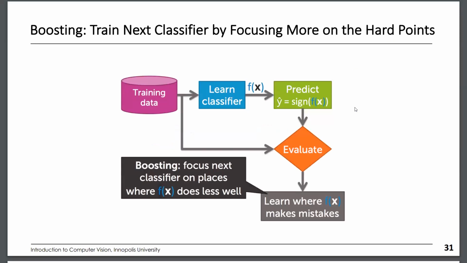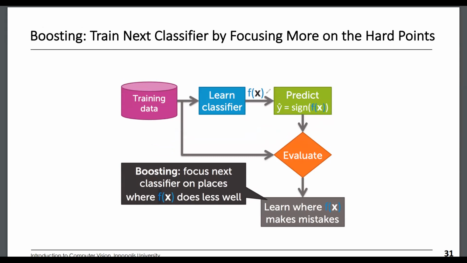In boosting, we train the next classifier by focusing more on the harder points. So what we simply do, we have our beautiful classifier. We go to the classifier and find its misclassifications. Once we find these misclassifications, we increase their weight.